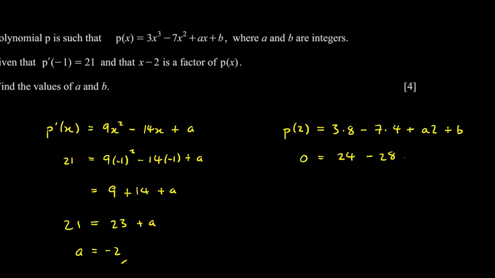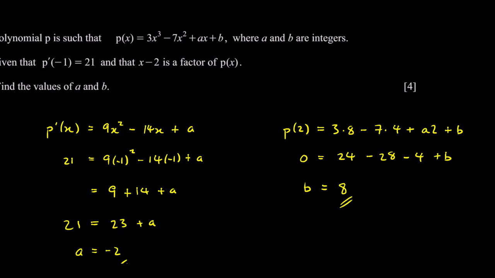We know that a is -2, so this guy's -4, plus b. So b is going to be equal to 28 plus 4 is 32, minus 24, which is 8. So I think that b therefore should be equal to 8.